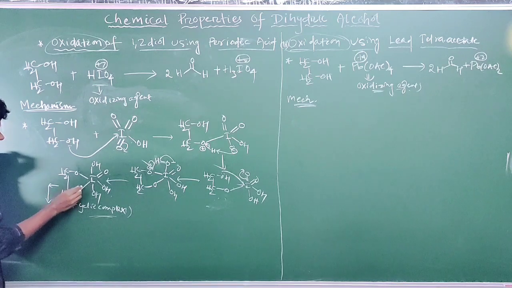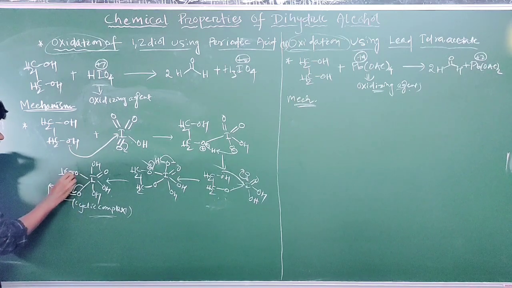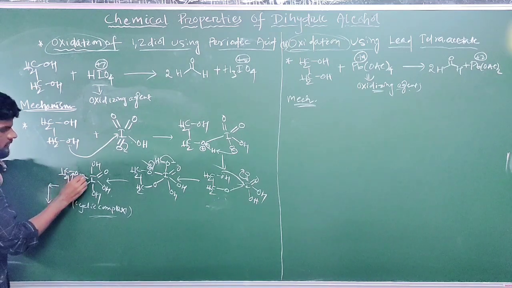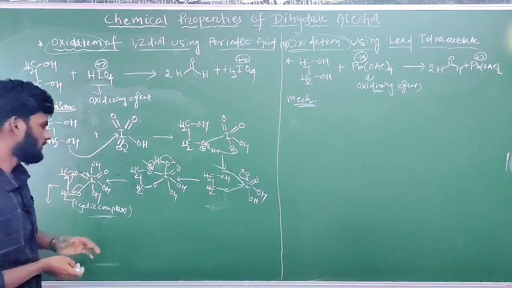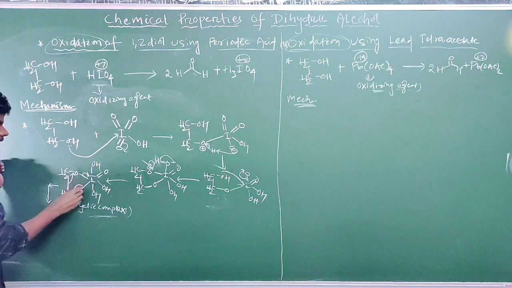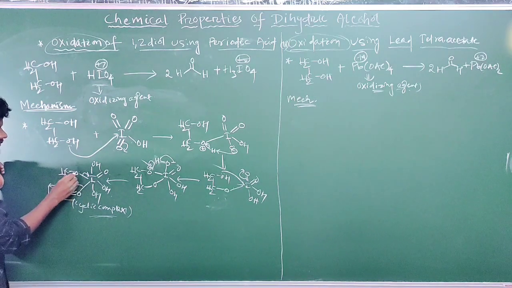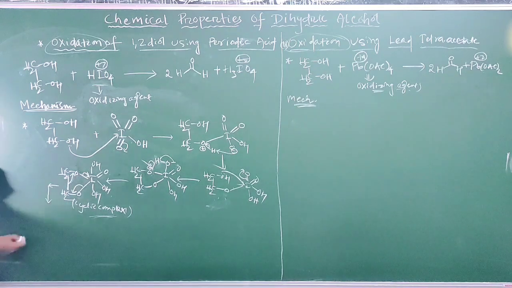This iodine-oxygen bond moves over to the CH2 single bond O to form CH2 double bond O, and this CH2 bond moves over to the carbon-oxygen single bond to form a carbon-oxygen double bond, and this single bond moves over to iodine. In this way, a cyclic type reaction mechanism takes place to break the cyclic complex. Or again, this bond moves over to this side, this bond moves over to here, this bond moves over to iodine. Very easy. What will it form?